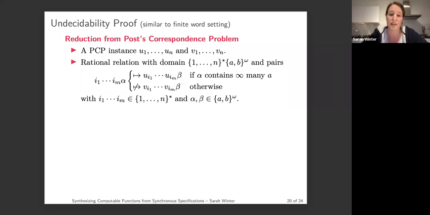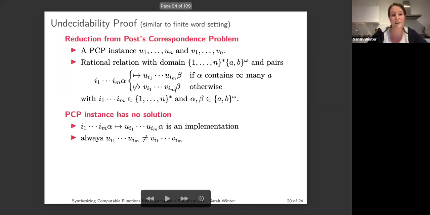If it contains infinitely many A's, then we want our output to start with the corresponding sequence of the upper domino halves, the U sequence. And if the remainder of the input does not contain infinitely many A's, then we allow every output that does not start with the corresponding B sequence.